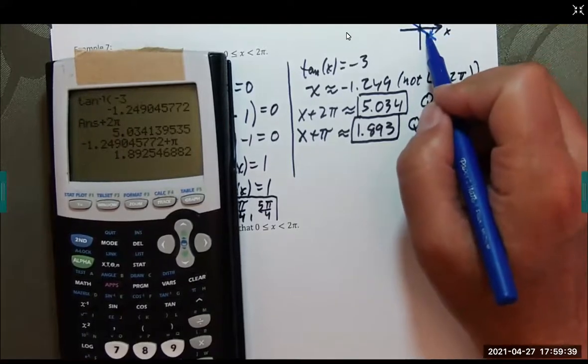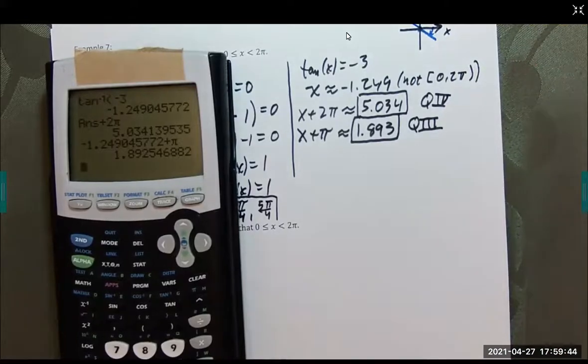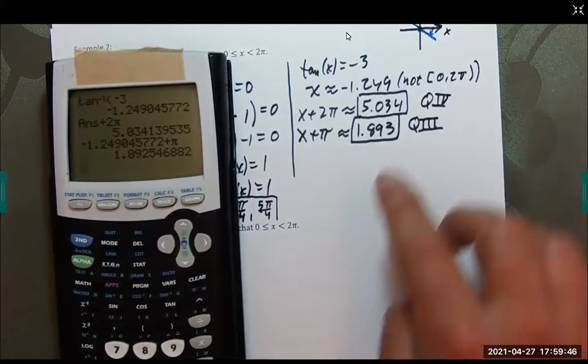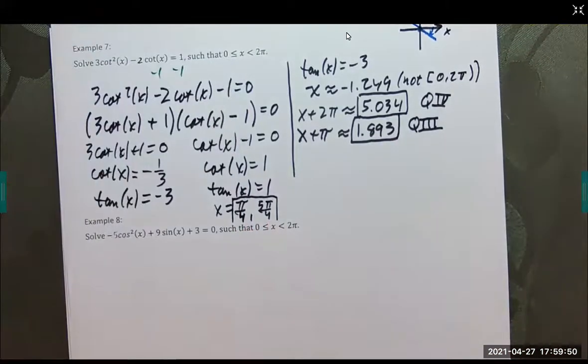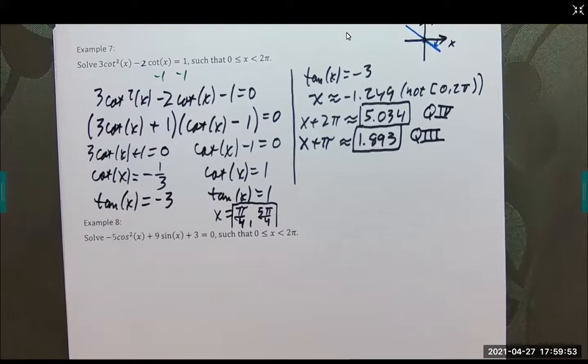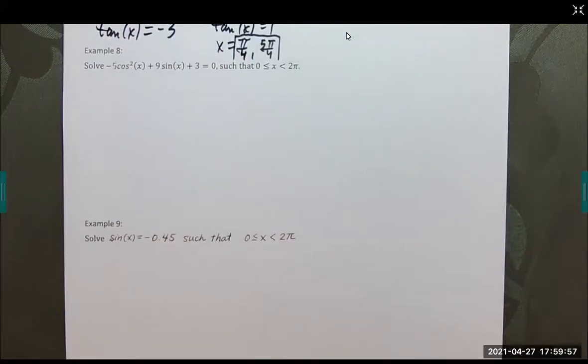So if I get the negative of that and add pi to that, that should get me right there. Or 2 pi to get the first one here that I have. These last two are going to do something similar to that, so we'll get a little bit more practice with that as well.